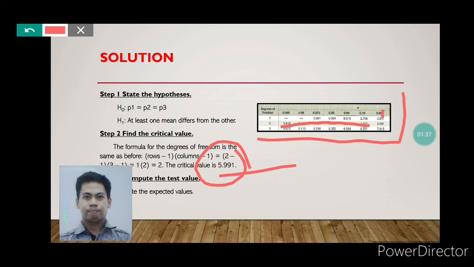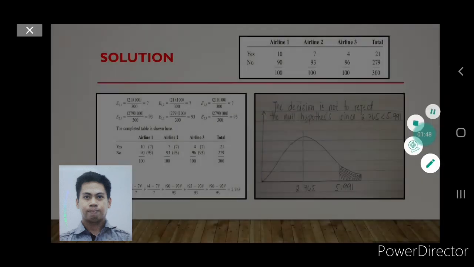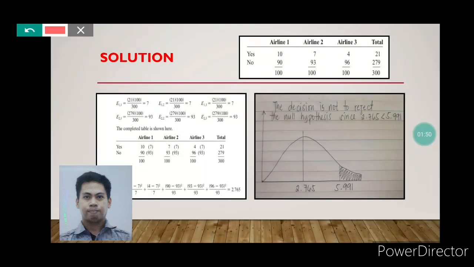First is to compute the expected values. And from the given contingency table, here is now our solution for step 3.